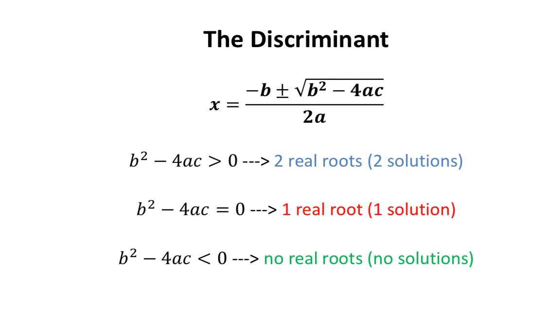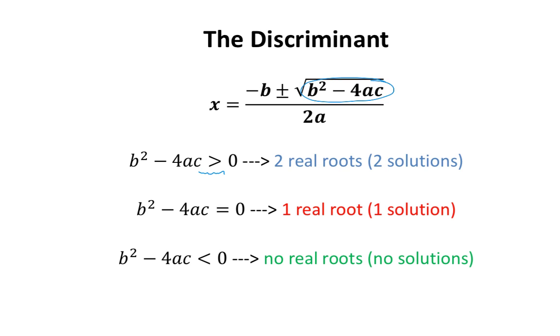The discriminant is a part of the quadratic formula. If you look underneath the square root sign, you'll see b squared minus 4ac. That is the discriminant. If the discriminant is greater than 0, that means there are two real roots or two solutions.